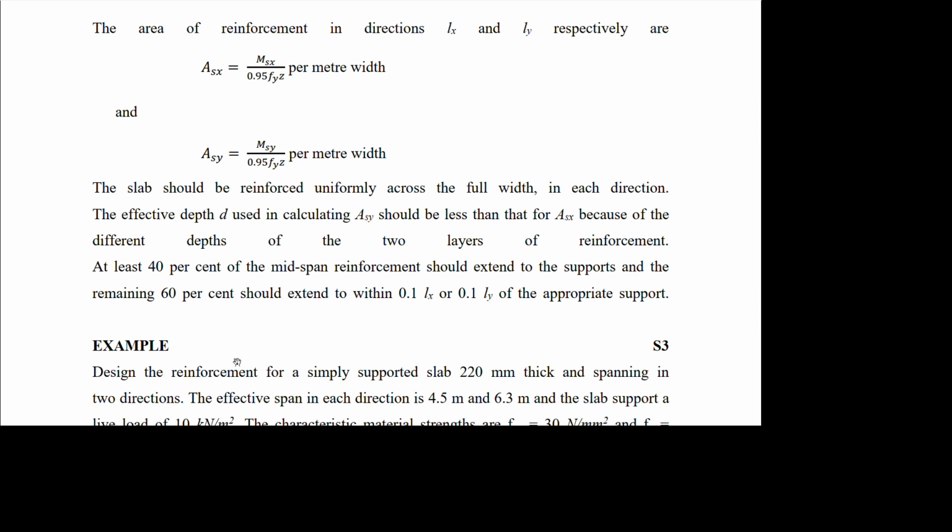So at least 40% of the mid-span reinforcement should extend to the support, and the remaining 60% should extend to within 0.1 length of LS and 0.1 length of LY of the appropriate support.